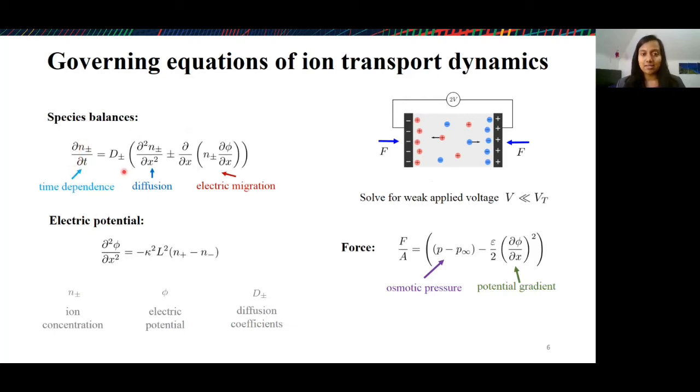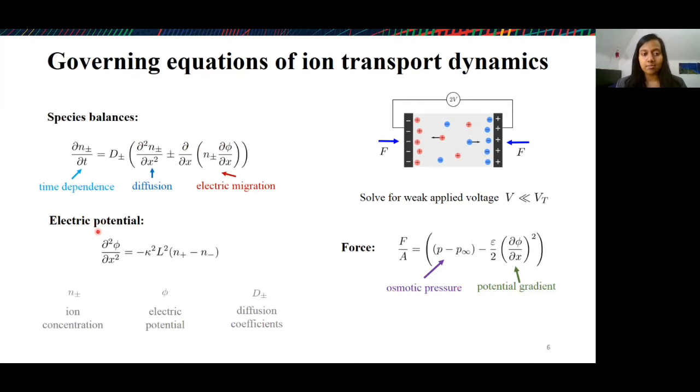And these are balanced by the fluxes. Here, D plus and D minus are the diffusion coefficients of the ions. The first flux comes from diffusion, which is basically due to a concentration gradient. And then the second contribution to the flux is an electric migration flux, which is because of the charge nature of these species, they move under an electric potential gradient.